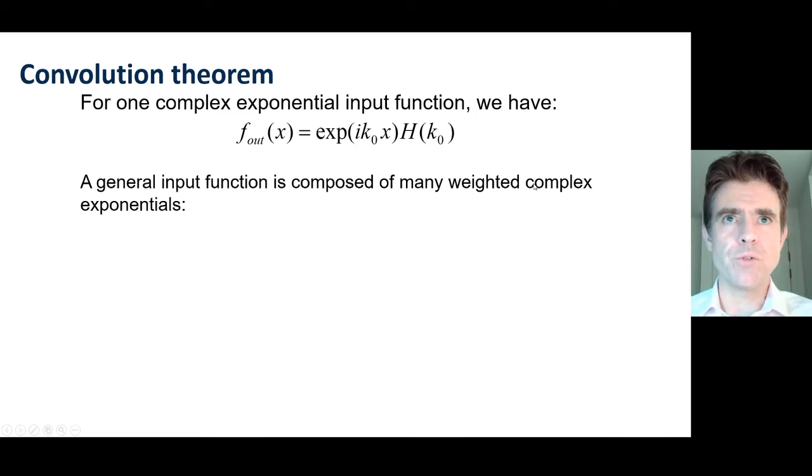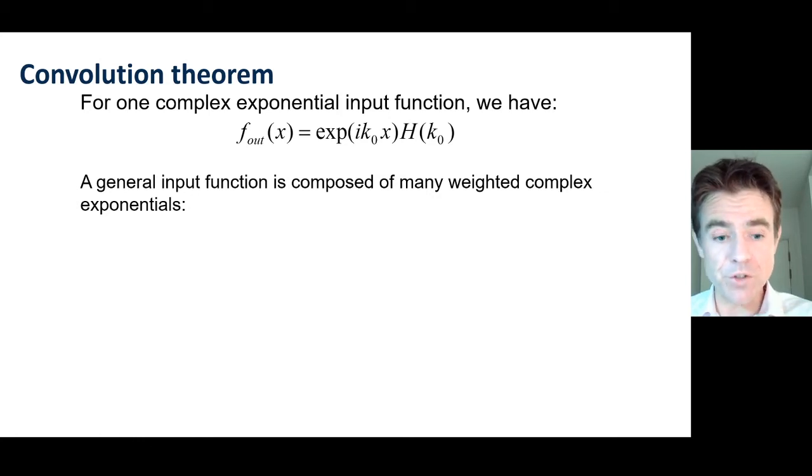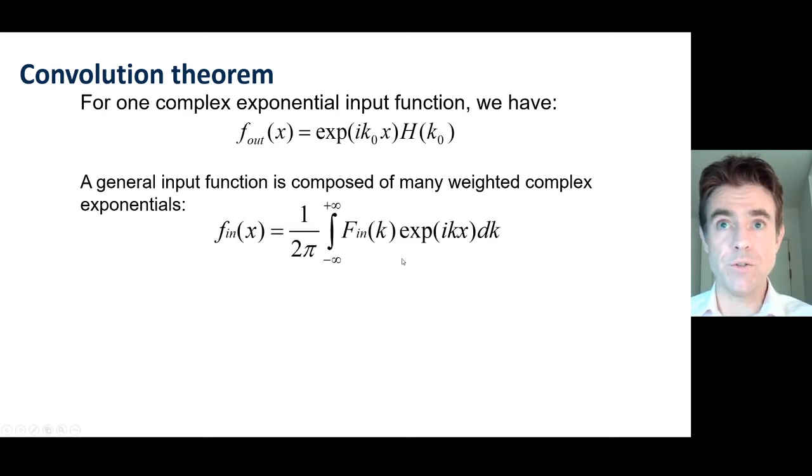Now, in general, of course, we're interested in general input functions and not just complex exponentials. But then we know by Fourier synthesis that a general input function can be expressed as a summation of many complex exponentials. That's what the inverse Fourier transform tells us. So here is an expression for Fourier synthesis, the inverse Fourier transform, where we're saying any object, any input function that could be inside our PET scanner field of view, is just equal to a summation over infinitely many complex exponentials.